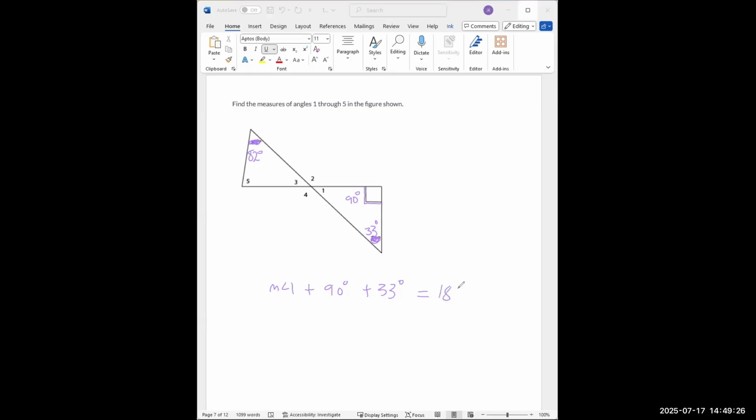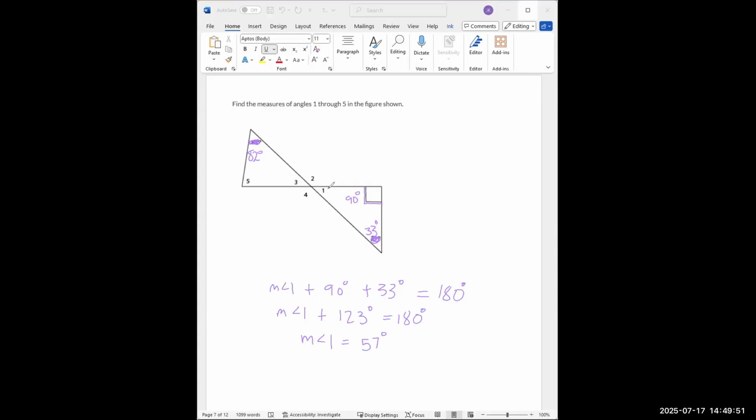The angles in the triangle have to add up to 180. So the measure of angle 1 plus 123 is equal to 180. And then subtracting 123 from both sides, the measure of angle 1 is going to be 57 degrees.